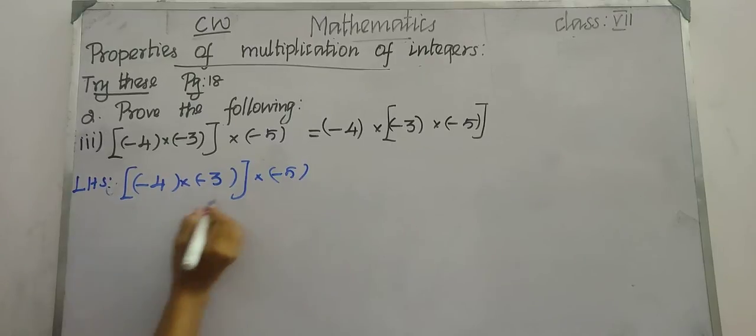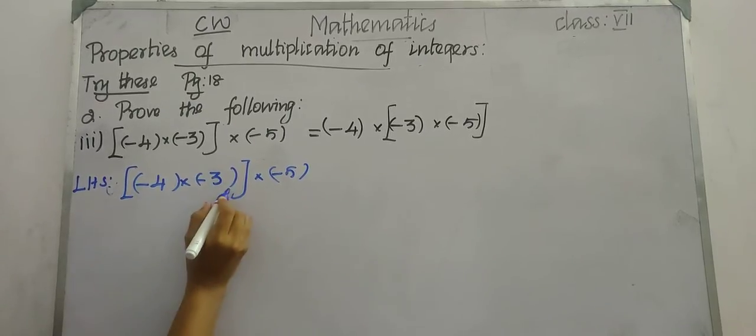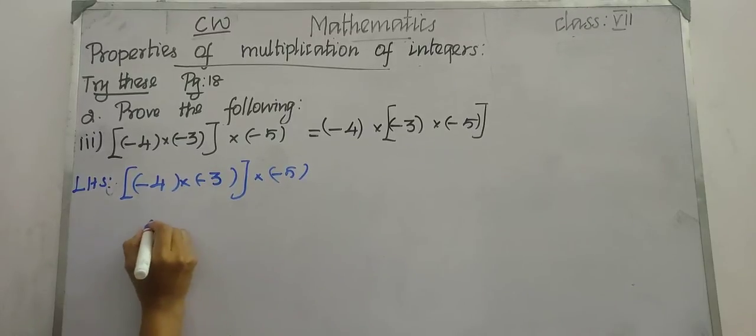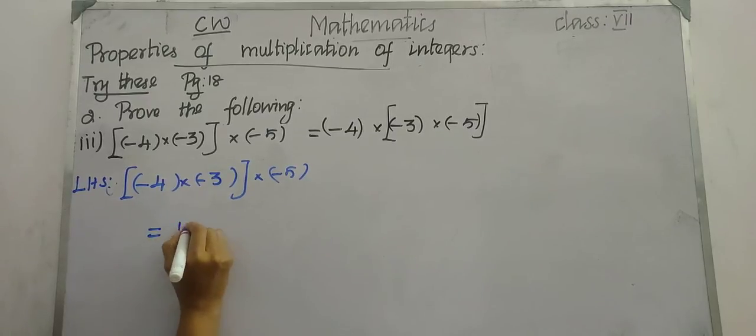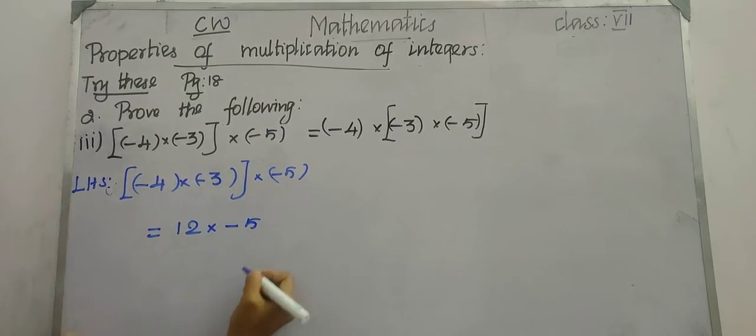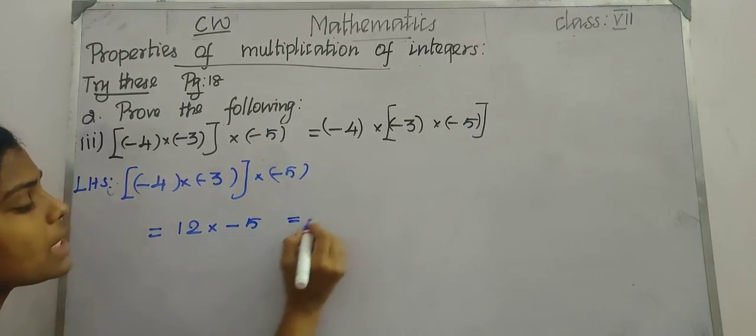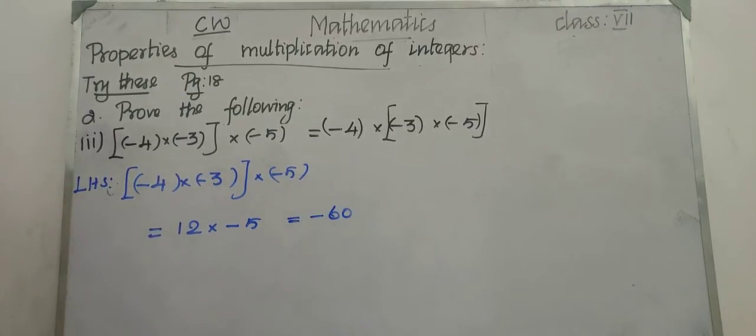First we need to solve only the brackets. 4 into 3, 3 4s are 12, minus into minus is plus. Then 12 into minus 5, 12 5s are 60, plus into minus is minus 60. So LHS is equal to minus 60.